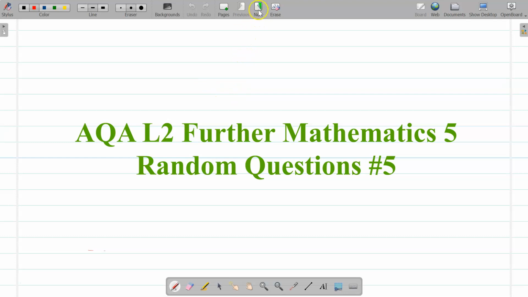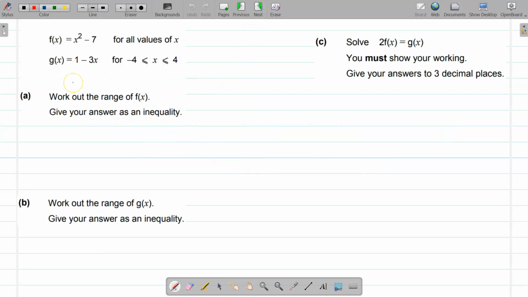And the first one is about functions f of x and g of x, and we have got to state the range of these functions. So if we look at the first one, we know that x squared, the minimum value can be 0 when x is 0. Otherwise, it's always positive.